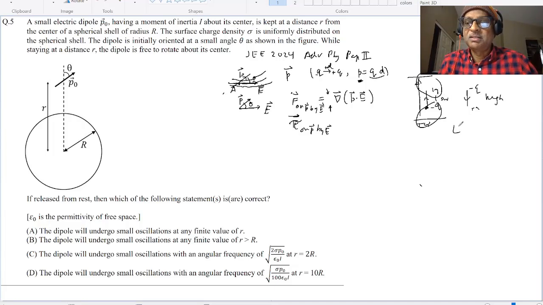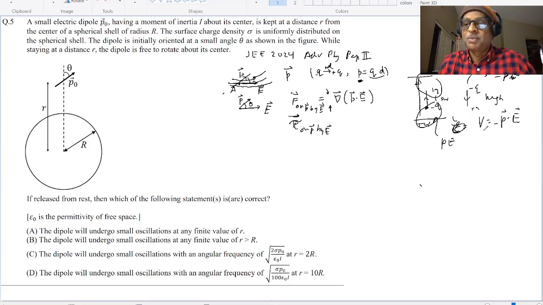So the energy itself, let's call it U, will be P dot E, but that will not capture it. If they're aligned, it's going to be PE, and anti-aligned, it's going to be minus P E. I want this to be higher energy, so I'm going to have to put a minus.